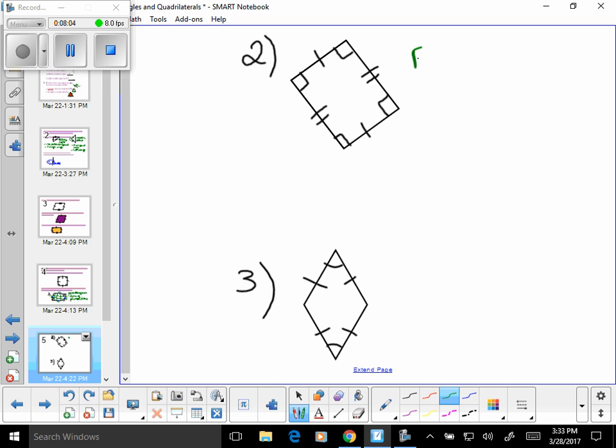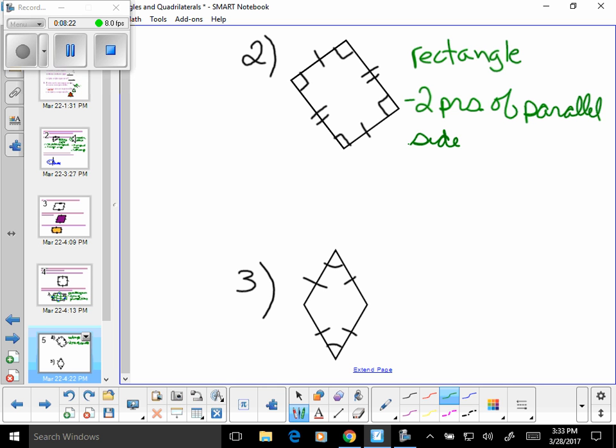So it would be called a rectangle. Our explanation here is that we have two pairs of parallel sides, and we have four right angles. And RT period is an abbreviation for right if you don't want to write out the whole word.